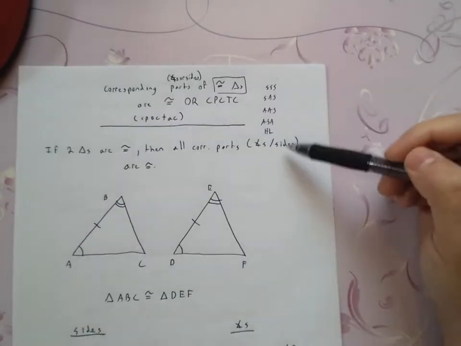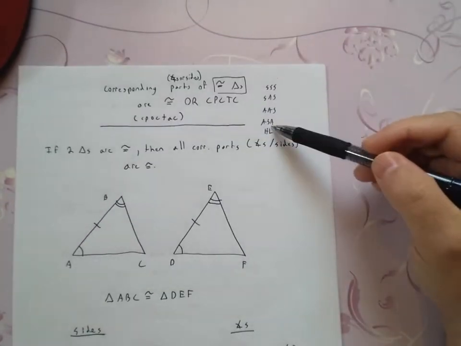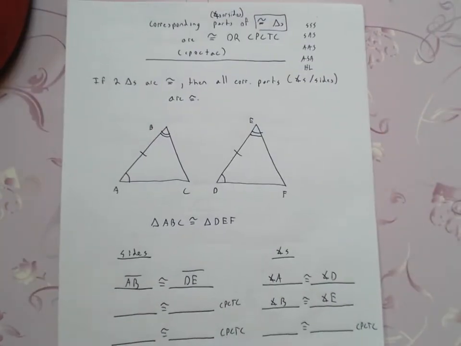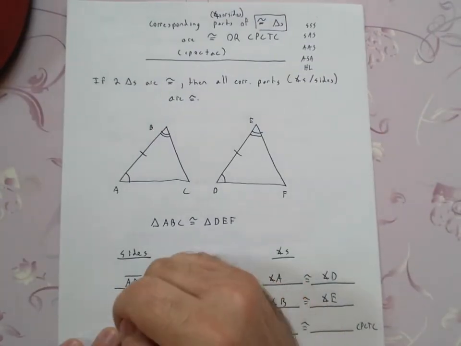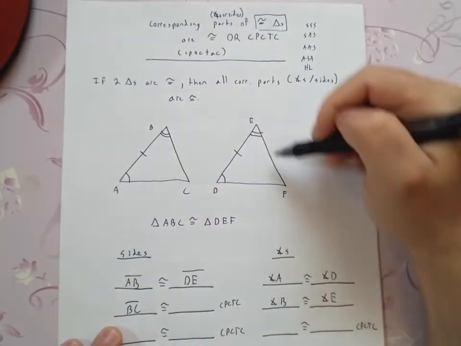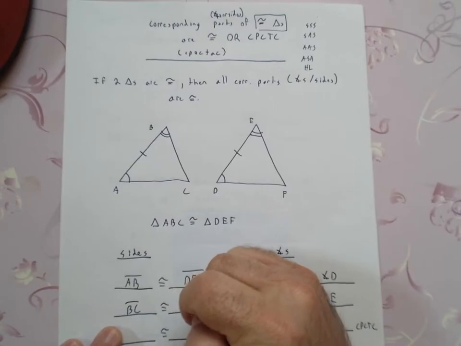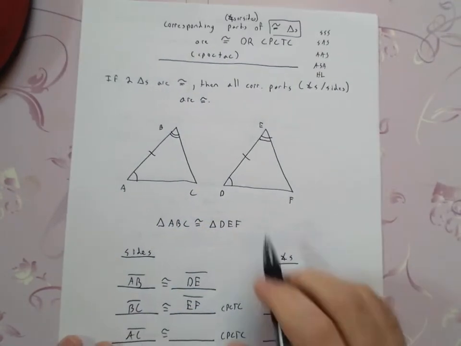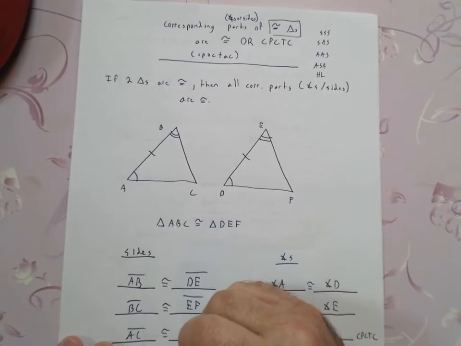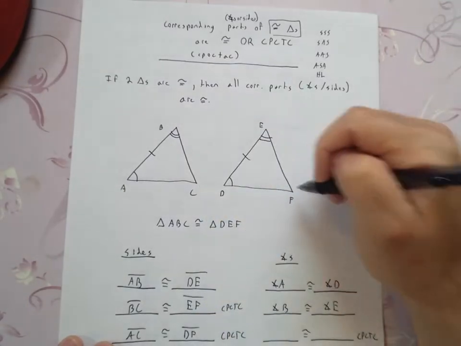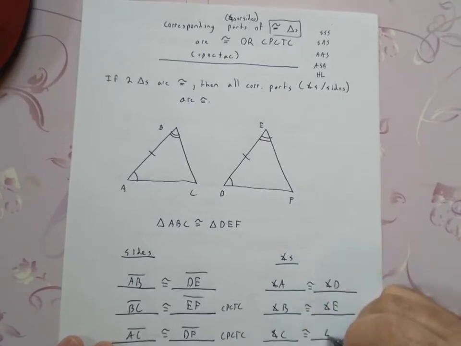So whatever the reason is, whatever your checklist is, anybody that you didn't name, they're all congruent because of CPCTC. So I can come up here now and I know that segment BC has to be congruent to segment EF. Segment AC has to be congruent to segment DF. Okay? My last angle, angle C and angle F, they have to be congruent to each other. And it's all because of CPCTC.